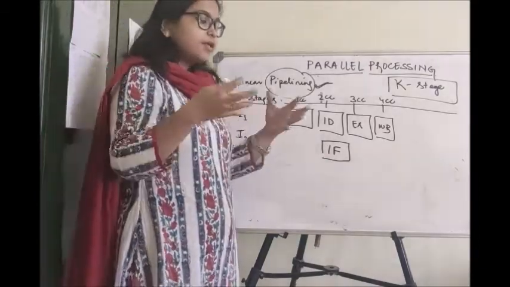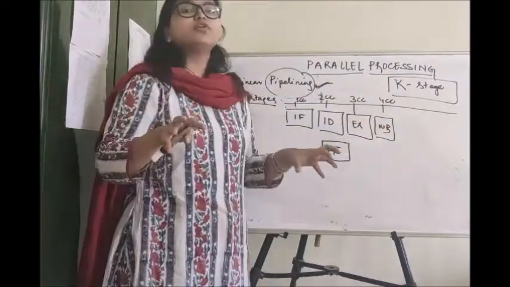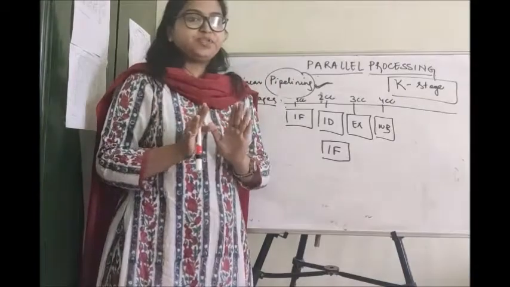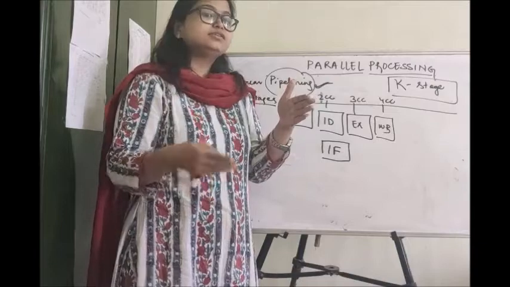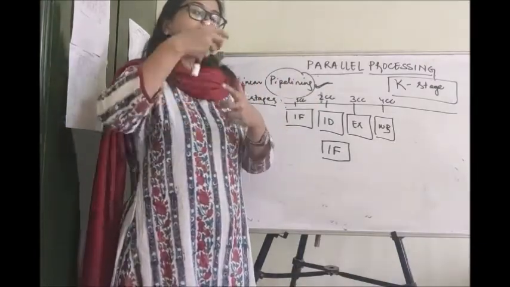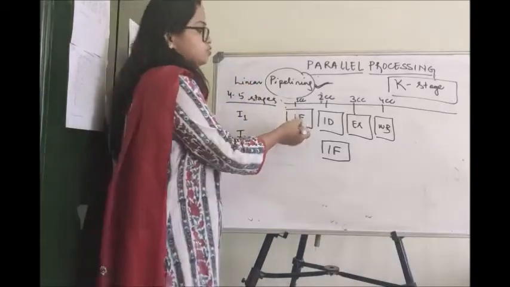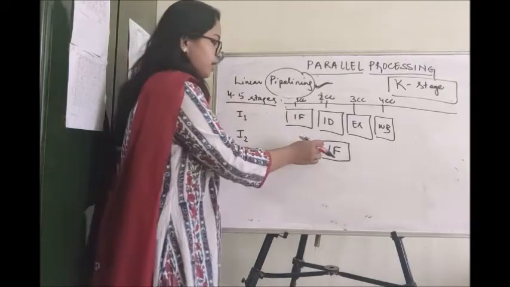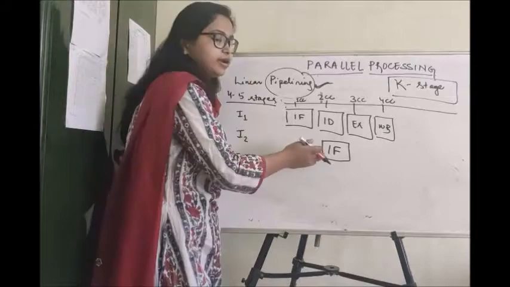So we are making the processor busy. Every component, every stage of the processor must be busy doing some work. That is the idea. That is called linear pipelining. We are parallelly doing things, but also, since the processor is one, we are doing things linearly as well, one after the other. So instruction fetch is first fetching instruction 1, and then it is fetching instruction 2 at the second clock cycle.